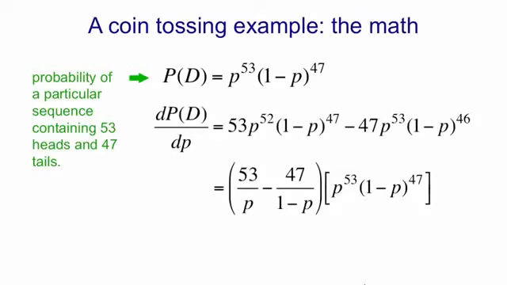If we now ask, how does the probability of observing that data depend on p? We can differentiate with respect to p, and we get the expression shown here. And if we then set that derivative to 0, we discover that the probability of the data is maximized by setting p to be 0.53. So that's maximum likelihood.